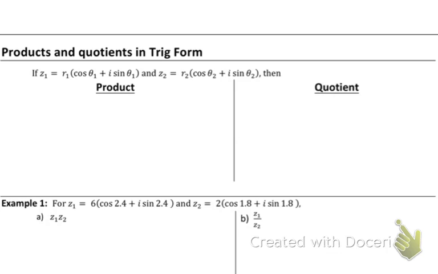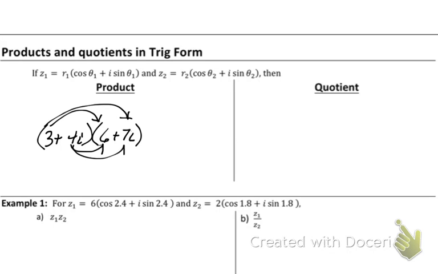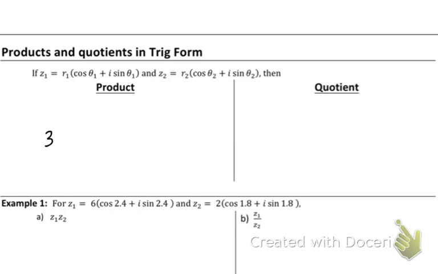Normally, if I had something like 3 plus 4i, and I multiplied that by 6 plus 7i, we'd have to go through all that strain of distributing, FOIL, and seeing what eliminates. We don't have to do any of that when we're dealing with trig. As soon as it's in this trig form, it becomes really easy to multiply and divide the 2 items.